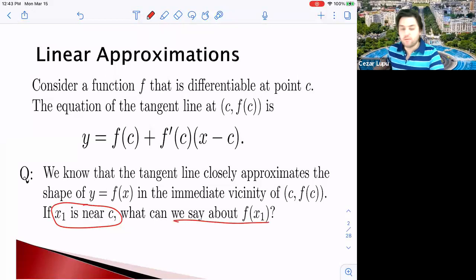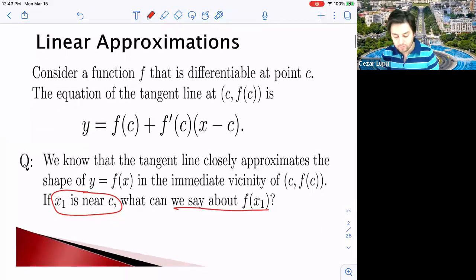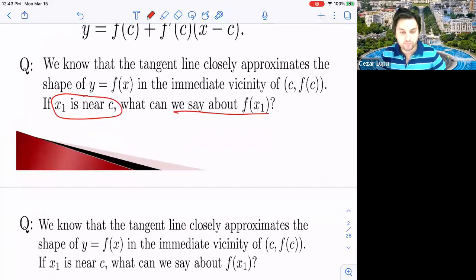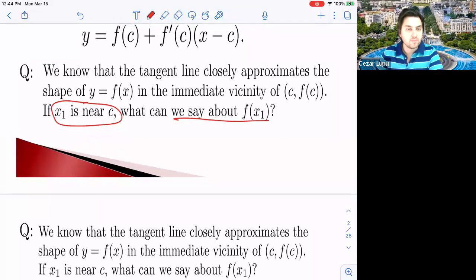F of x1 will be near what? What do you think? If x1 is near c, what does your intuition tell you?